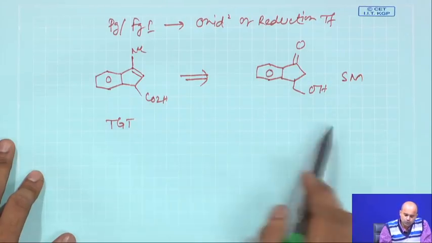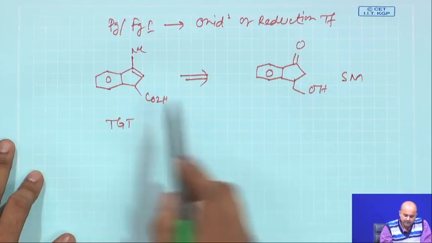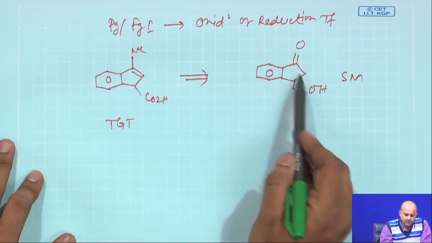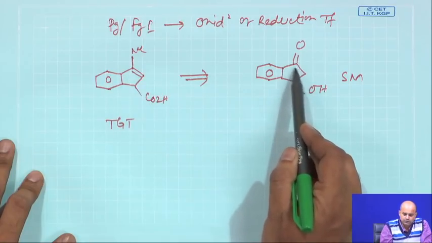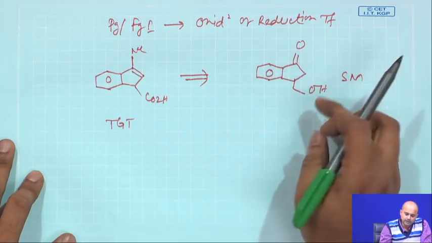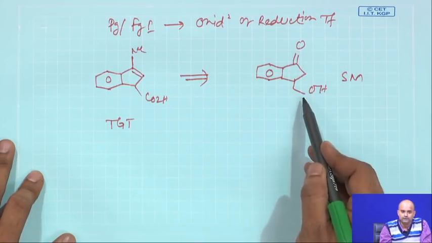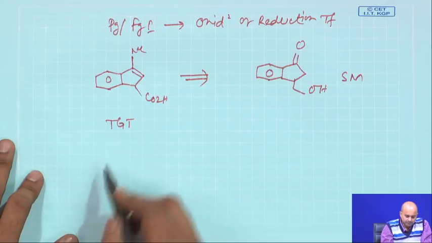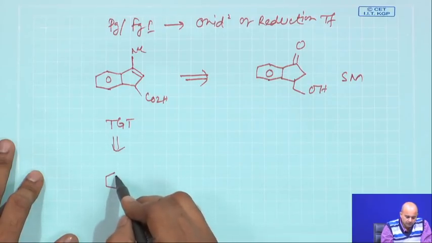Now, what exactly do you need to do? You basically need to oxidize this alcohol to acid, and then somehow here you need to put a methyl group with an olefinic unsaturation here. So, basically you need to selectively react this ketone functionality as well as the alcohol functionality. So, that means we will now try to do a retro based on this.